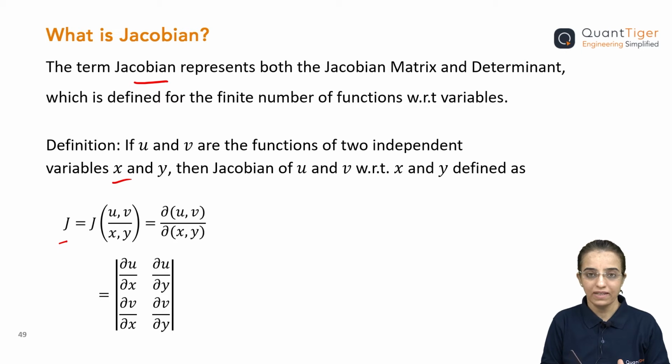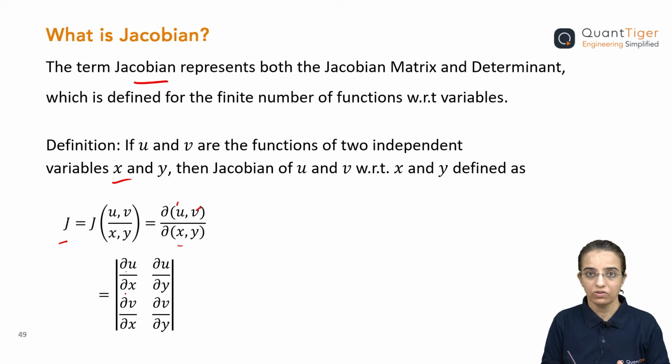So how we write that determinant is simple, since u and v are functions of x and y. Whatever variables we have, x and y, with respect to that we differentiate the given function. Here u is a function of x and y, so first we write del u upon del x, and similarly del u by del y.